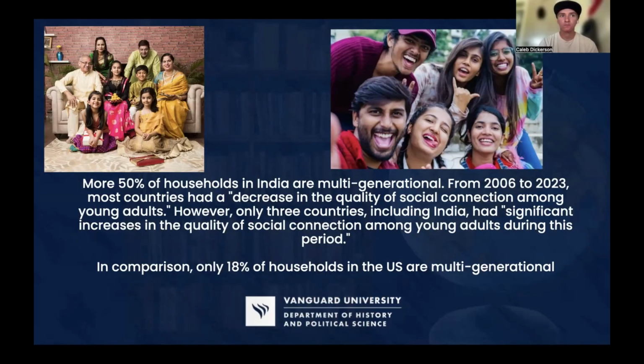But 3 countries, one of those being India, had significant increases in the quality of social connections in that period, which is very unique because when we think about this time in history, it seems like we're growing more and more isolated, more and more secluded from other people. So that is a very interesting data point. In comparison, only 18% of households in the US are multi-generational, so 50% versus 18 is a very stark difference.